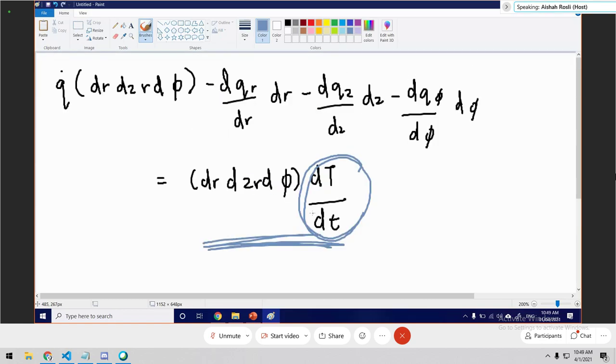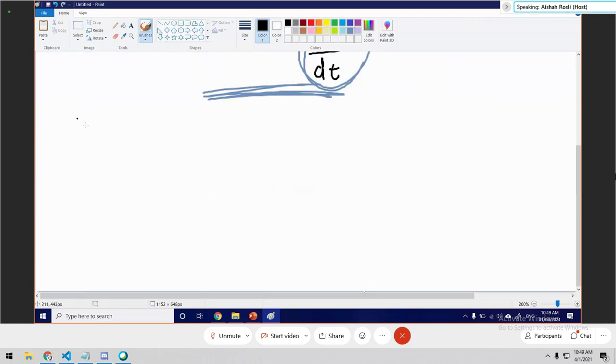Okay, so if we remember Fourier's law, we have Qr equals minus k dT dr times the area, correct?